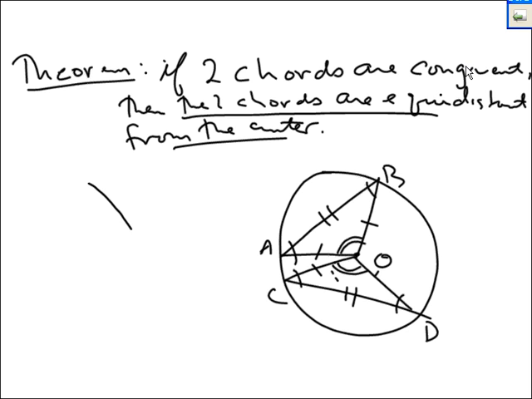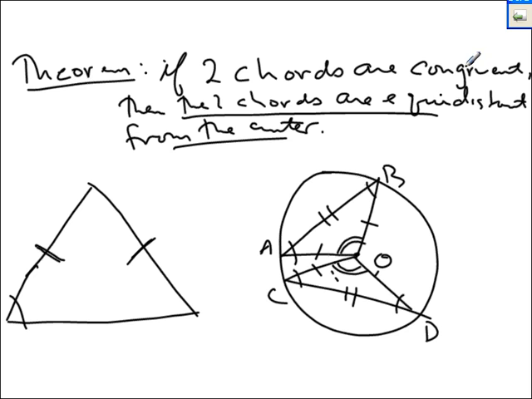You have a right triangle. If you have an isosceles triangle and these 2 sides are the same, these 2 angles are the same.